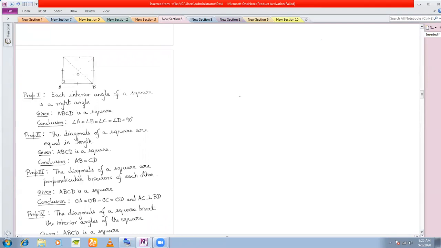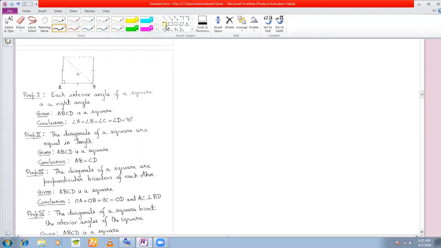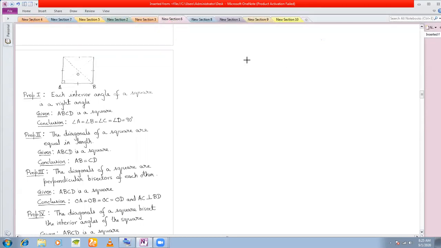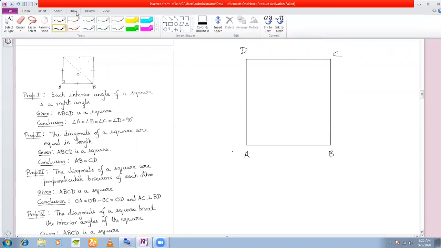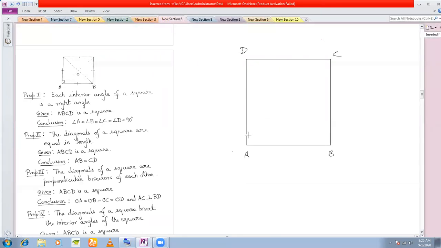The next property is that the diagonals of a square are equal in length. Just as in the case of a rectangle, given a square, the diagonals are of equal length.